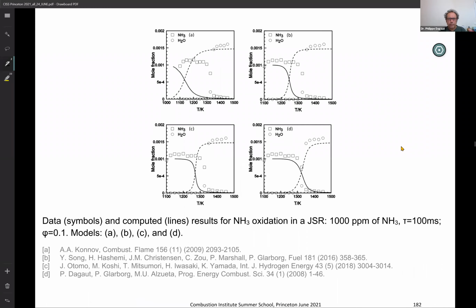We tested against our data several literature mechanisms, and we were surprised to see that the one that we published in Progress in Energy and Combustion Science for HCN oxidation was working pretty well compared to the other mechanisms in the literature, which all predict too fast oxidation of ammonia.